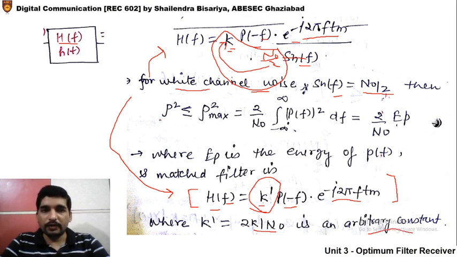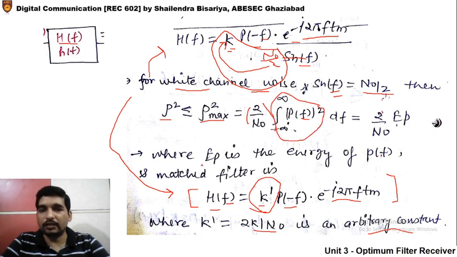Now if you want to see the maximum value of signal to noise ratio, from the expression we know that it is the integral of |P(f)| square upon Sn(f) df. The power spectral density Sn(f) is N0 by 2, so putting this value here, we get 2 by N0 integral of |P(f)| square df. From Parseval's theorem we know that this term is equal to the integral of p square(t) dt, that means the energy of the signal.